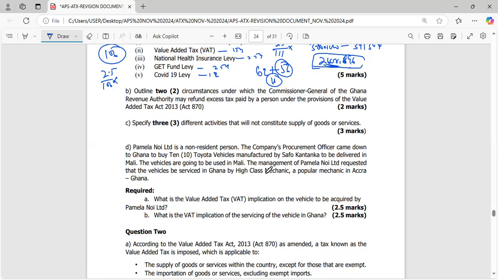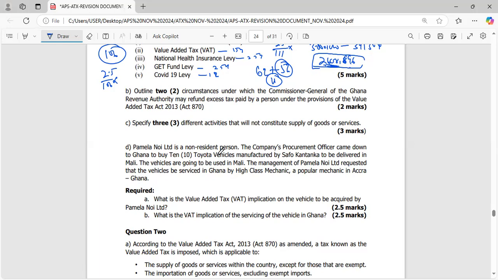So what will be the VAT implication on the vehicle to be acquired? The person acquiring the vehicle is a non-resident person. They are coming to Ghana to buy them. The vehicles were manufactured in Ghana, but the vehicles will not be used in Ghana. They are to be used in Mali. So this is supply for export.